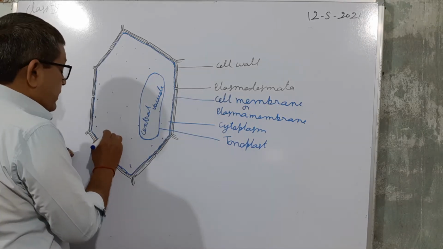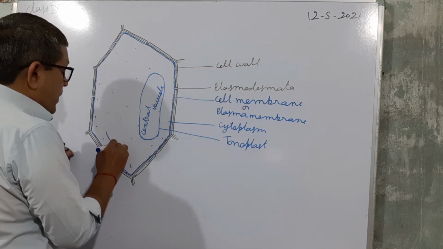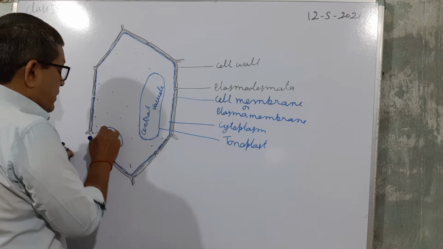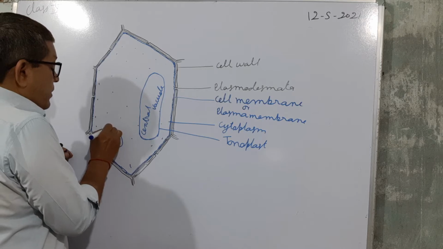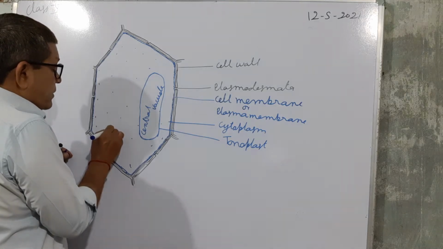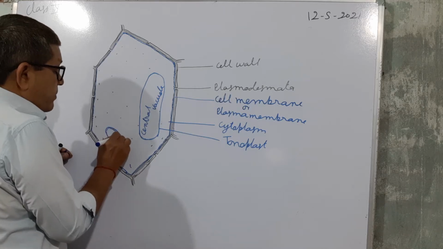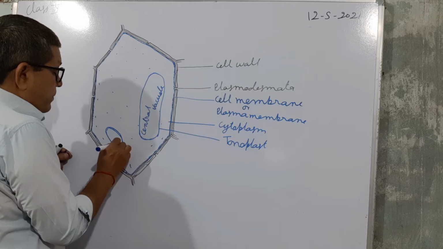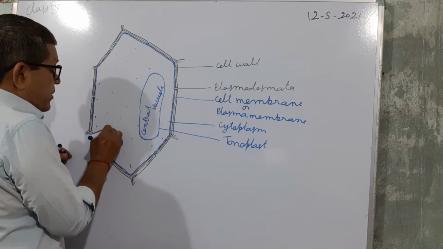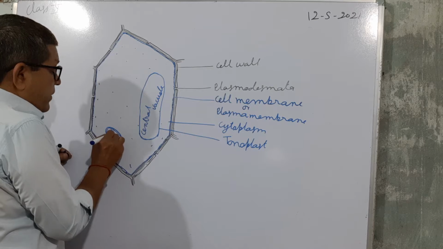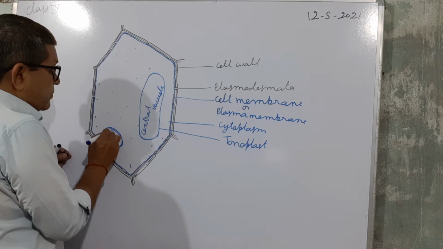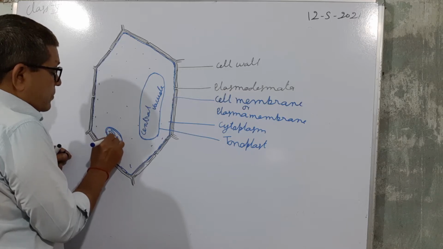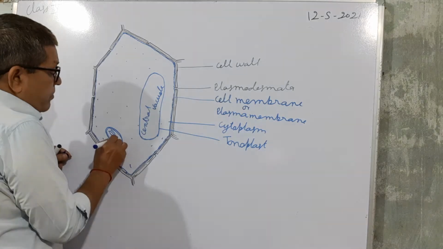The cell also has plastids and mitochondria. This is a plastid, and these are the thylakoid membranes.